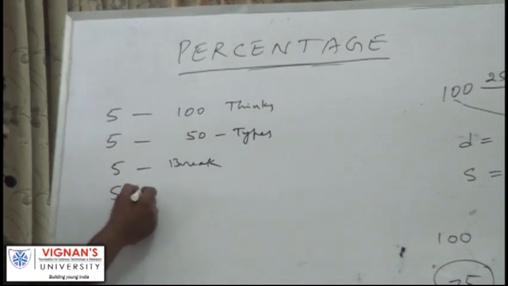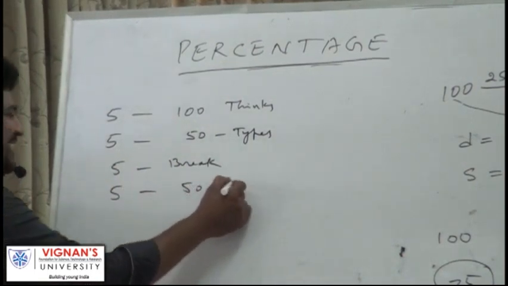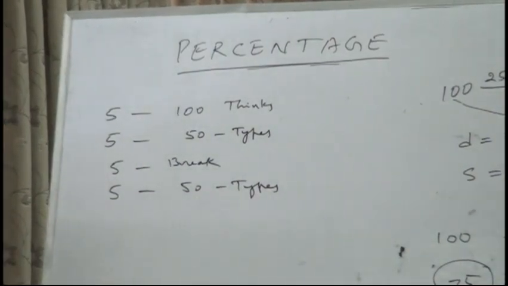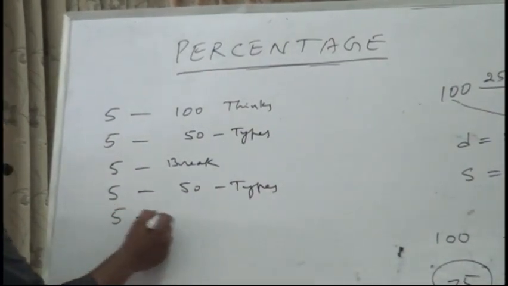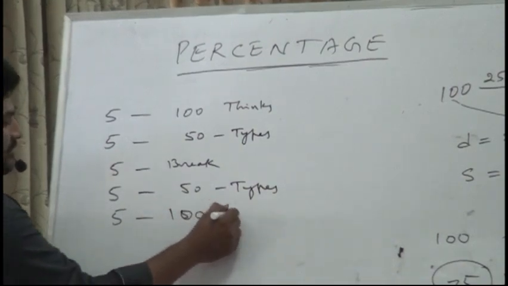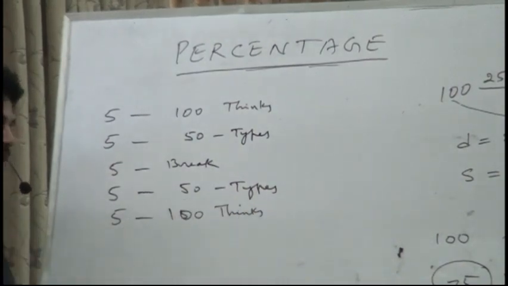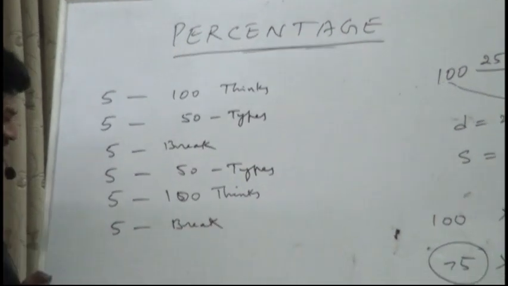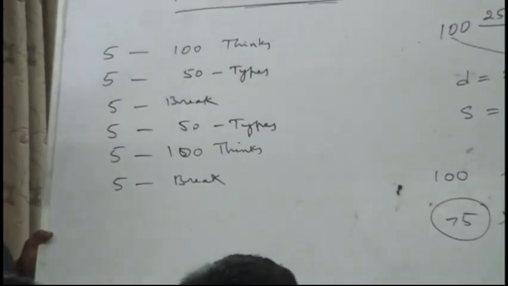After the break he types another 50. Now the next 5 minutes he thinks of another 100 lines. Again a 5 minutes break.